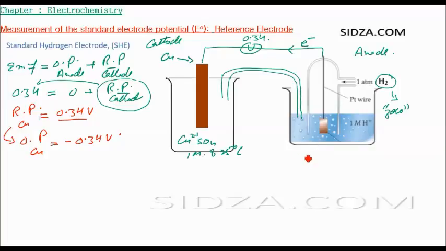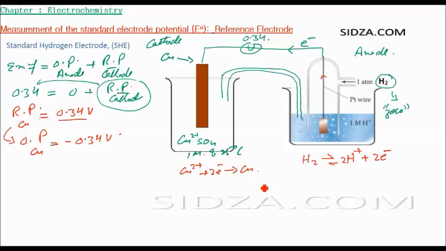The basic reaction at the hydrogen is H2 dissociating into H plus ions and electrons. The electrons flow through the wire, and the copper gains electrons and undergoes reduction here.